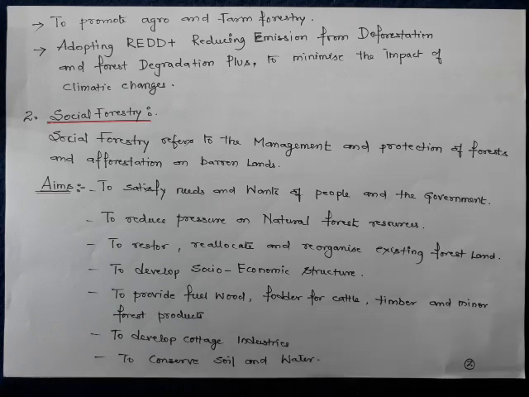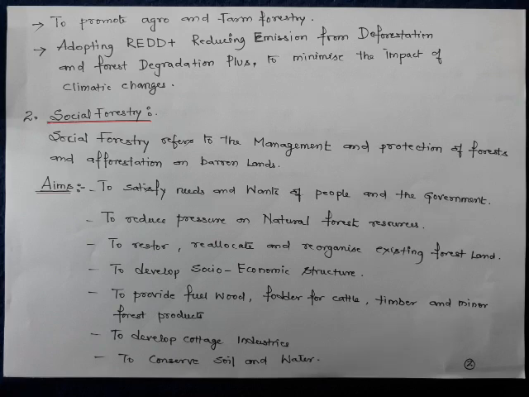Social forestry, which means the management and protection of forest and afforestation on barren lands or lands which are no more suitable for agriculture. Their main aims are to satisfy the needs and wants of the people and the government, to reduce pressure on natural forest. This is a very, very important point, please bear in mind. To restore, relocate, and reorganize existing forest land, to develop socio-economic structure, to provide fuel, wood, fodder for the cattle, timber, and minor forest products, to develop cottage industries, important, to conserve soil and water.